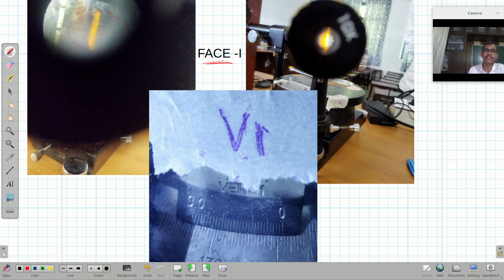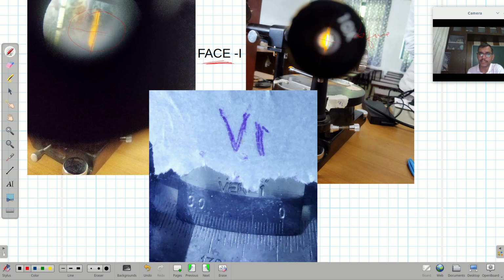I have taken the photograph for this, and here it is a crosswire. It should be aligned. See, this is aligned properly. So that means we have to adjust in such a manner that the crosswire is in the middle of this slit, and the slit should be fine. So the slit is visible to me here, and this is the reading of V1.